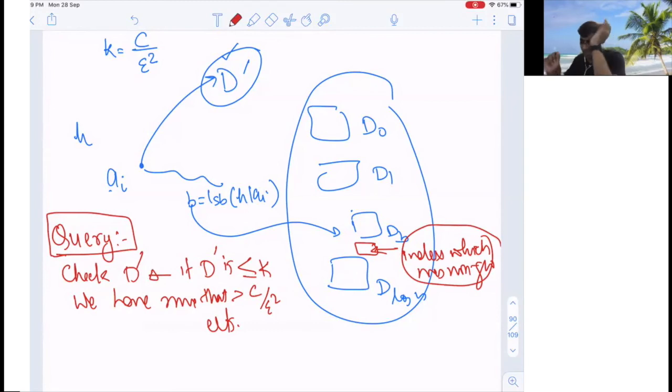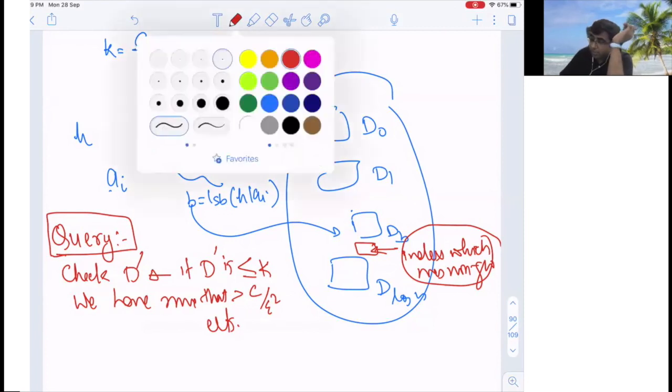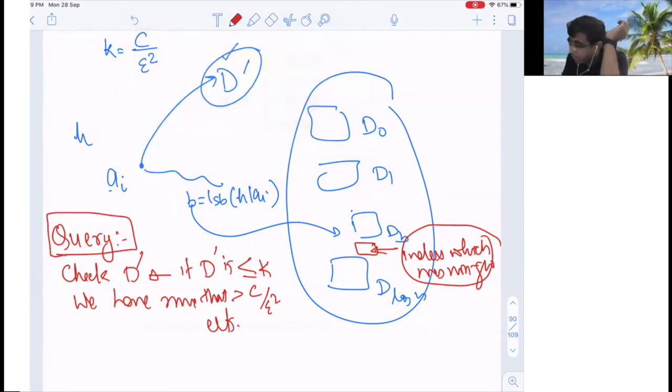But notice, in expectation, D log n has one element, but really it could have, like, 5 elements; the probability that it will have 5 elements is much higher than just one element.